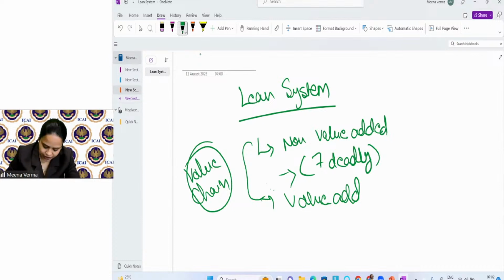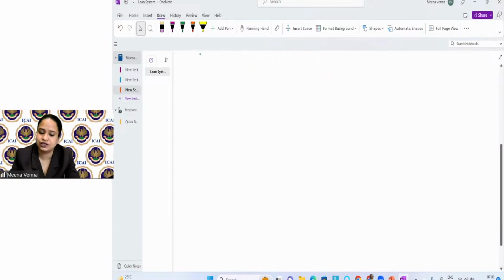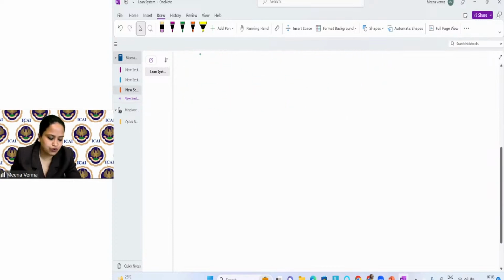So we have studied value chain analysis, then lean management. In lean management, we studied that the organization should focus on improving the entire procedure of the organization.